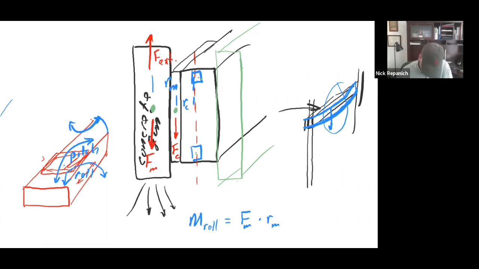For instance, as we drew this static, it simply is the force times the distance, and this force is really just mg, right?